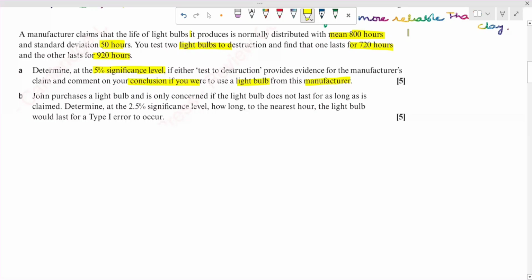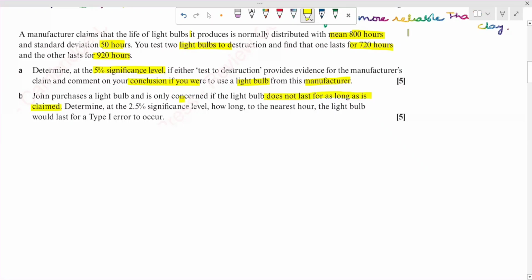So this is the first part. The next one is: John purchases a light bulb and is only concerned if the light bulb does not last as long as is claimed.